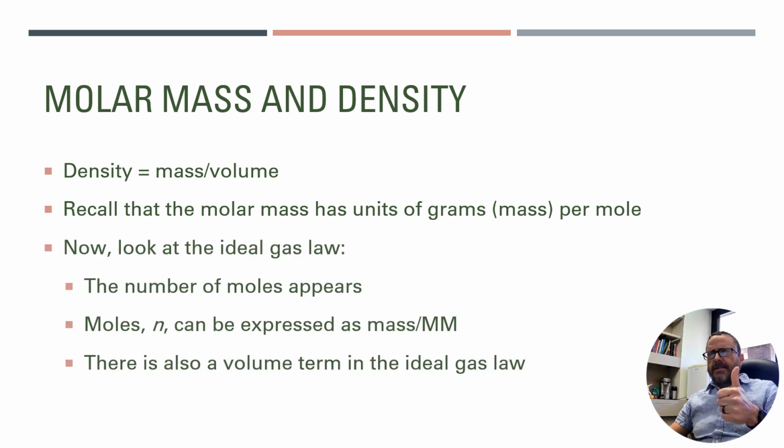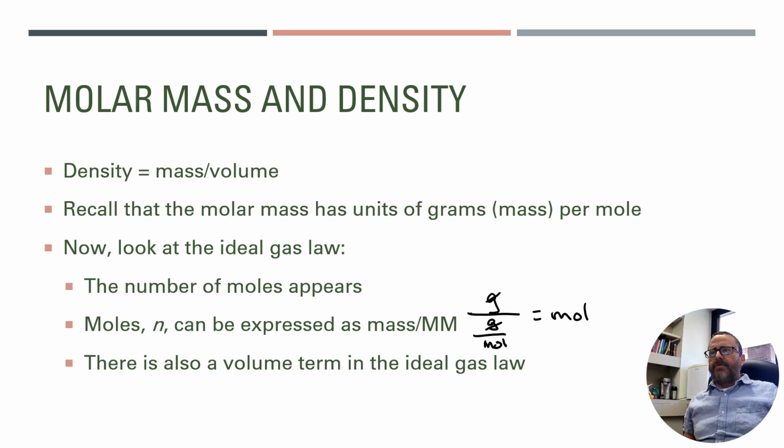The number of moles is in the ideal gas law, and the number of moles could be grams per molar mass. Mass divided by molar mass is moles, by looking at those units there.